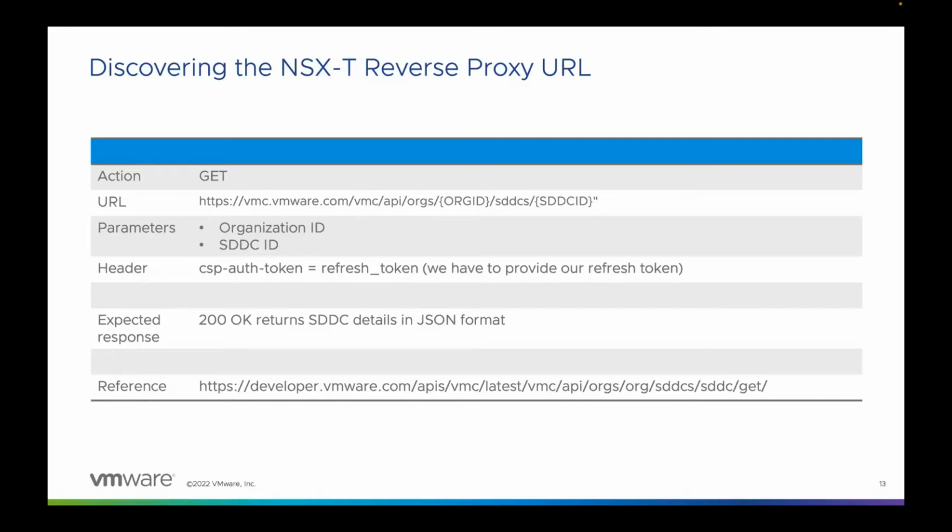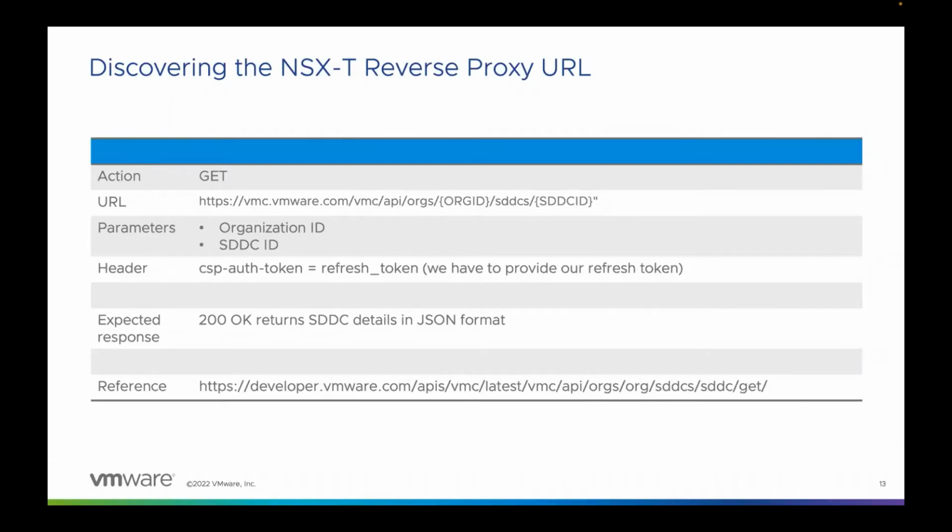We're going to pass it both the org ID and the SDDC ID, and I'll show you in a second where to get that. And then hopefully we're going to get a 200 back and a bunch of JSON with the SDDC details in there. And we're going to filter through that for the NSXT reverse proxy URL. And so we'll show you that in code.